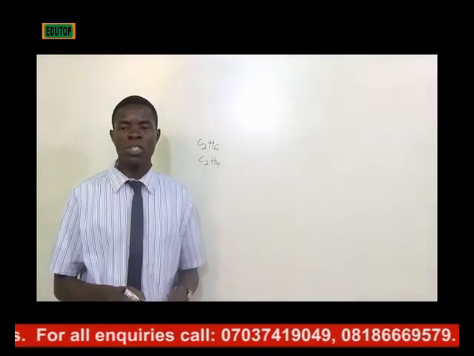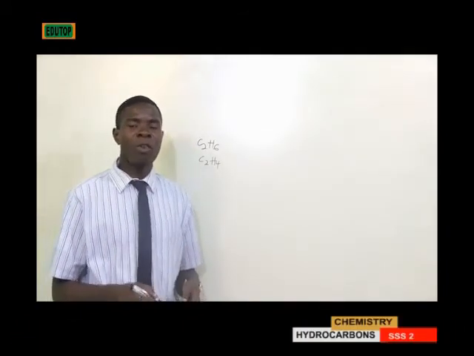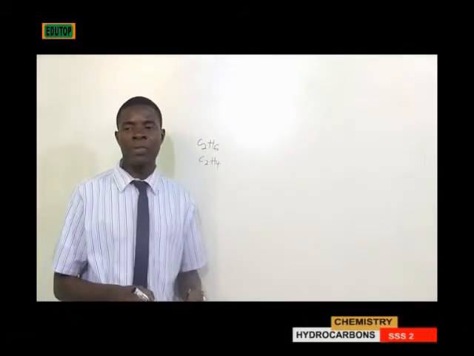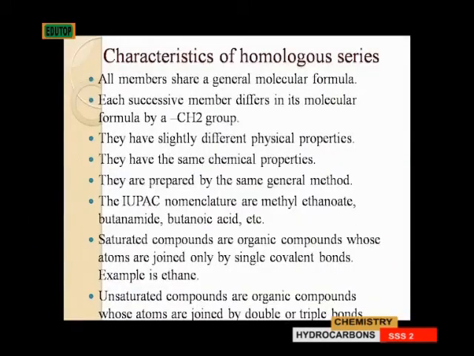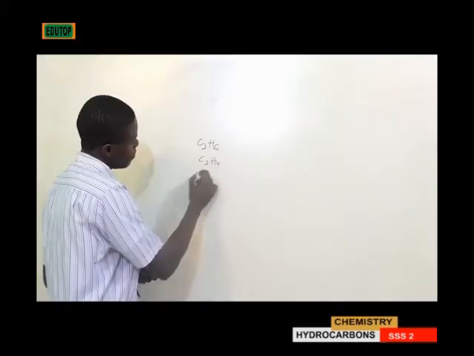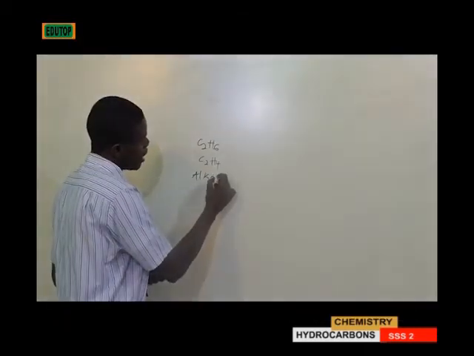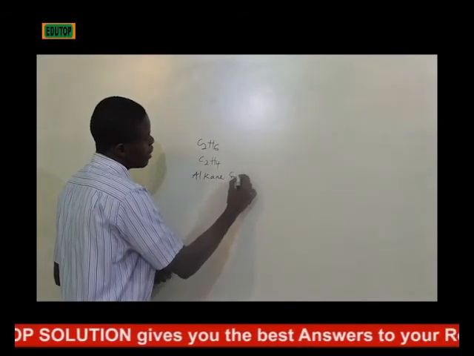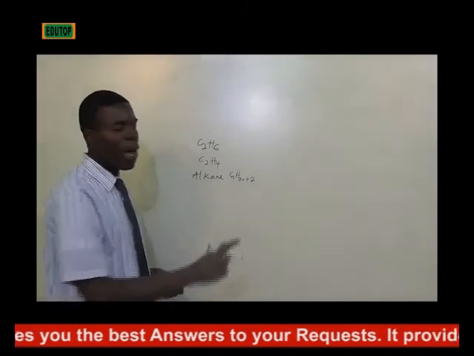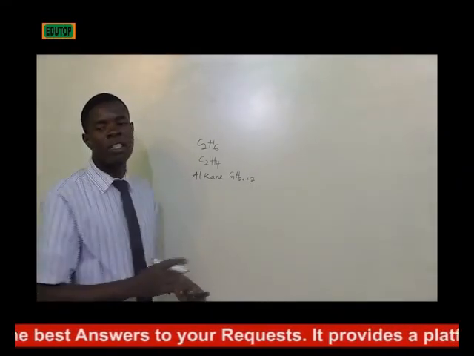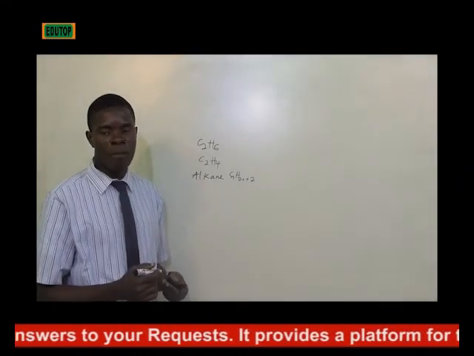Characteristics of homologous series are as follows. 1. All members share a general molecular formula, which means for all alkanes it is CnH2n+2.